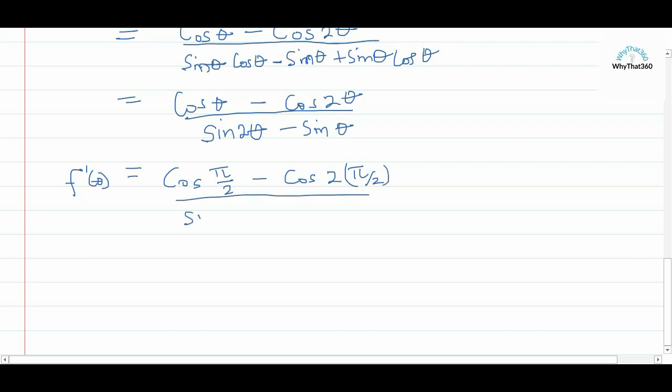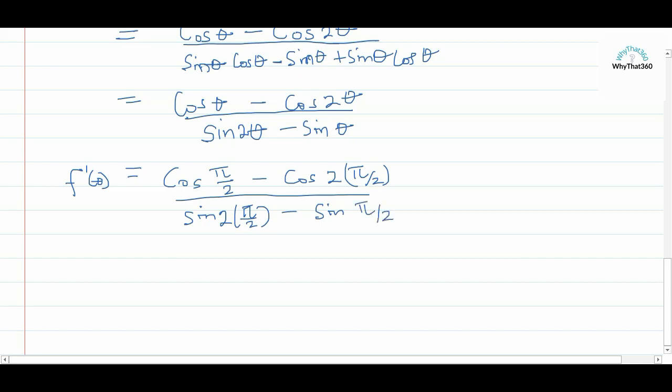sine 2 pi over 2 multiplied by pi over 2 minus sine pi over 2.